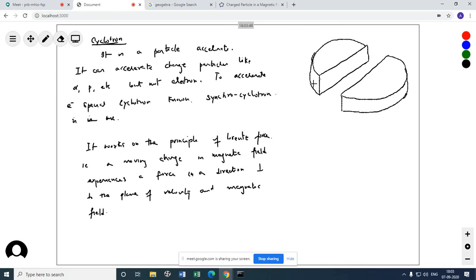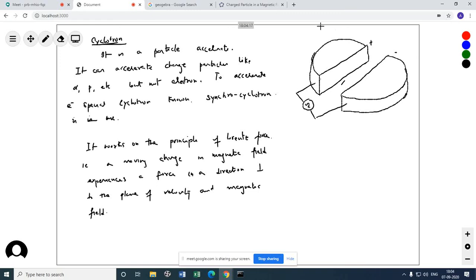These D-shaped containers are connected to a very high frequency oscillator, that is an AC frequency oscillator, which sometimes makes it positive and next time makes it negative. Also, the whole arrangement is placed in an evacuated chamber and inside a region of magnetic field.